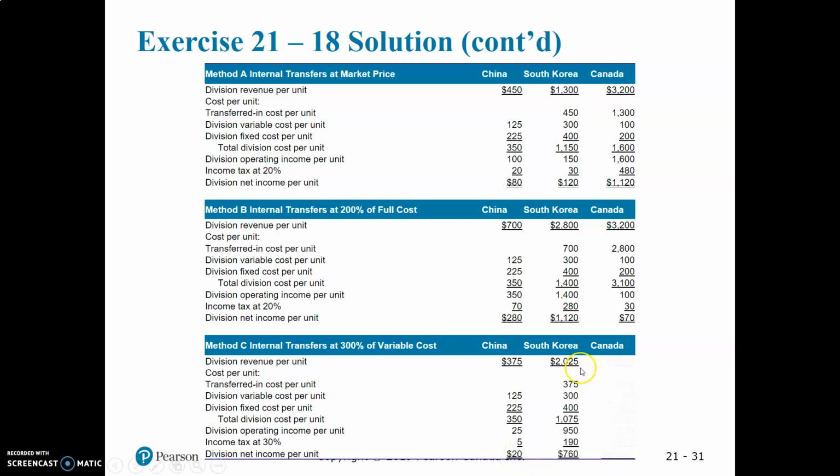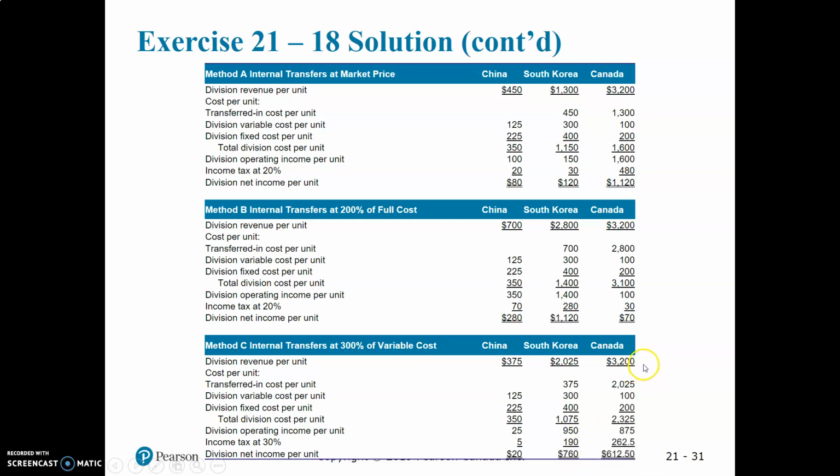For the South Korean division, we know that the transfer price is $2,025. And when we reduce all of the division costs from that number, so the total division cost is $1,075, we get an operating income of $950 and then an after-tax net income of $760.